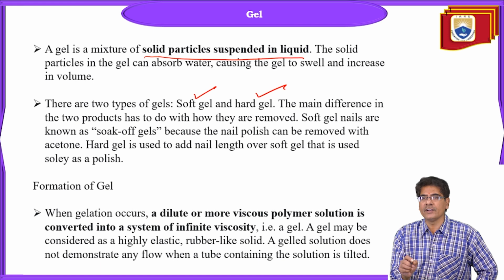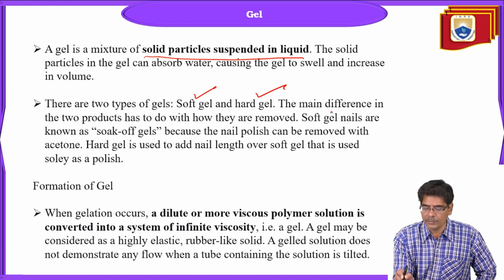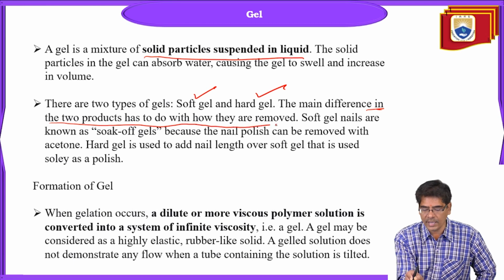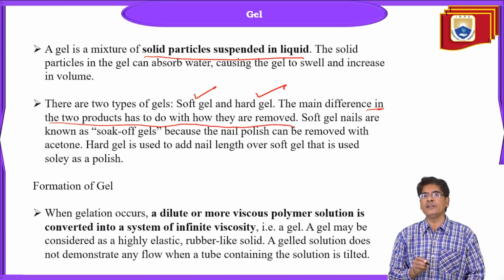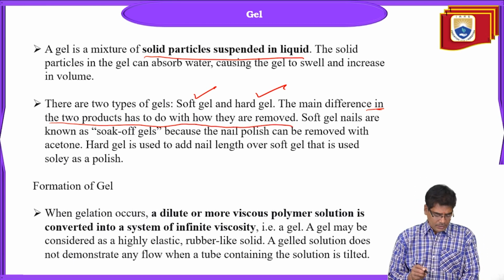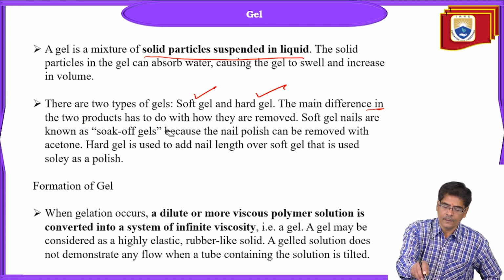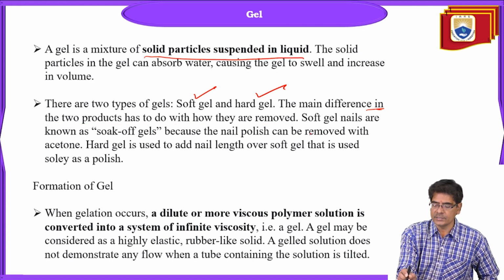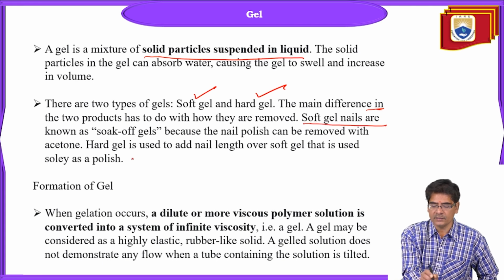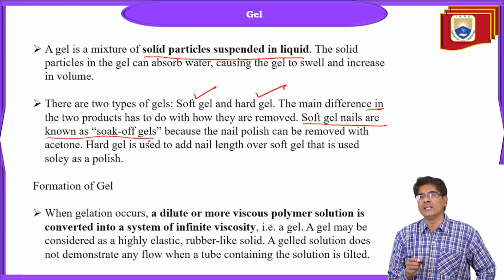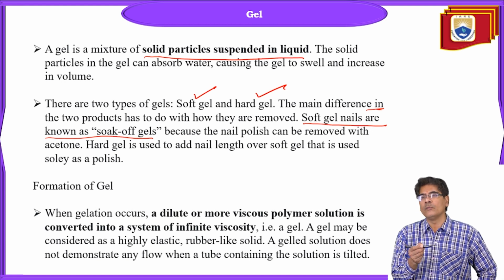The main difference in these two products has to do with how they are removed. Soft gel nails are known as soak-off gels because the nail polish can be removed with acetone.